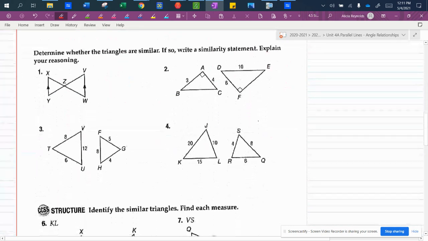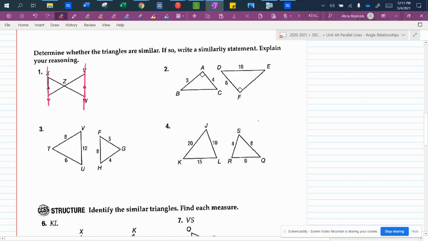Okay. So here on this page, I left this blank because it's a whole lot of stuff on here, and it might be tricky to see how it all came to be. The first thing I notice when I look at number one is that these lines, XY and VW, are parallel.